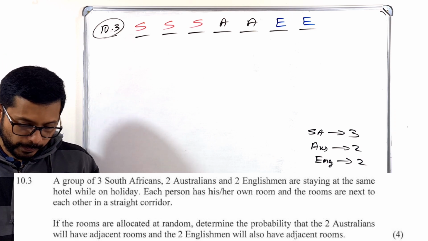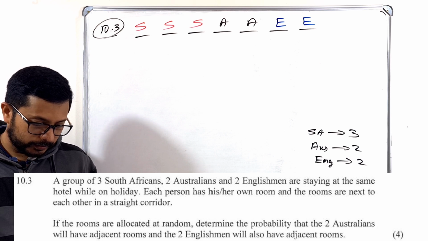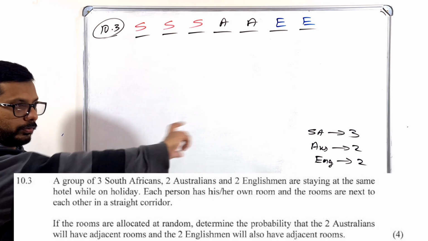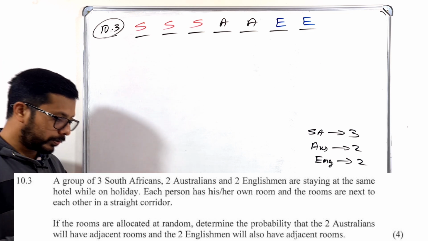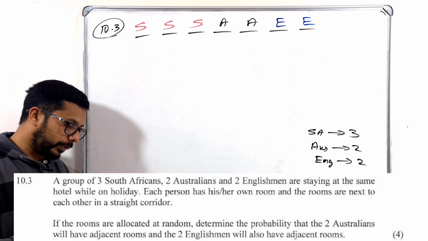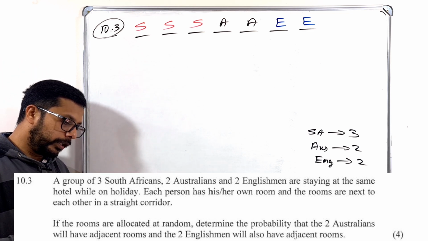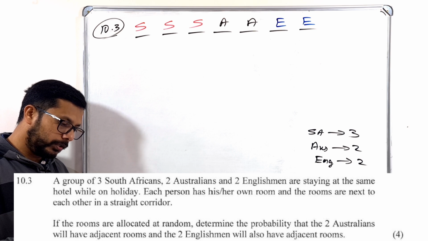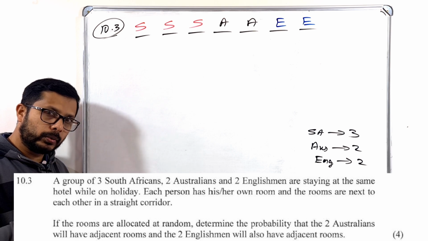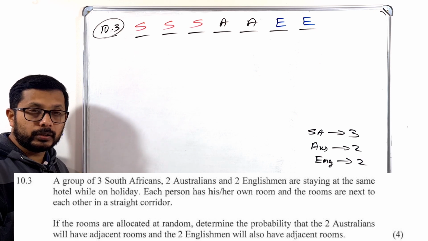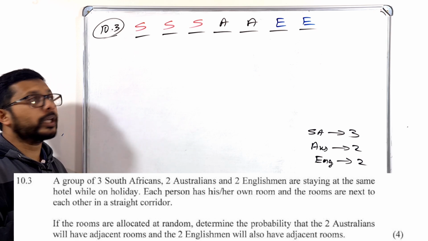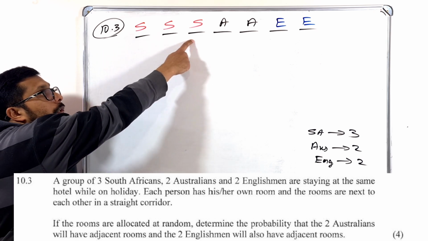Now what is the question? Their rooms are on one straight corridor, next to each other. If the rooms are allocated at random, it means that those allocating the rooms are not allocating them in order like South African, South African, South African.